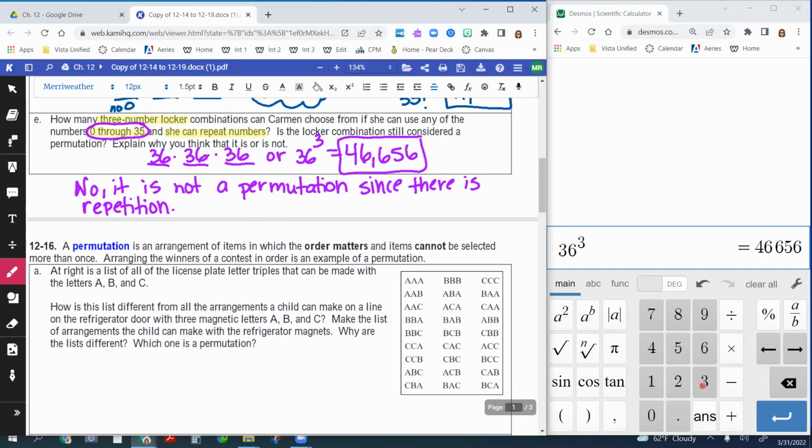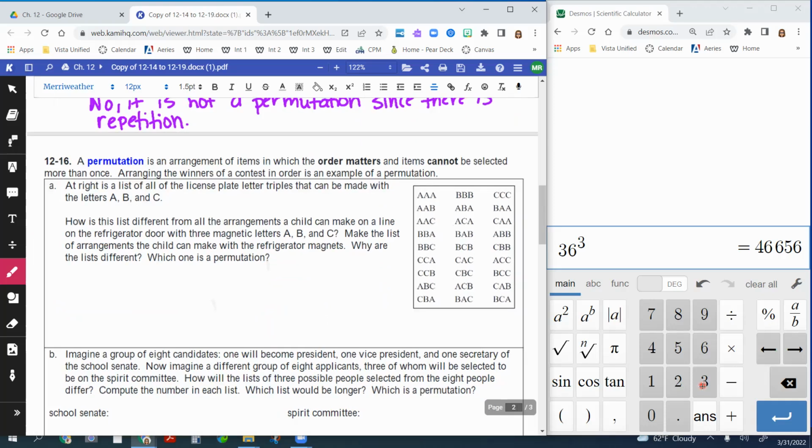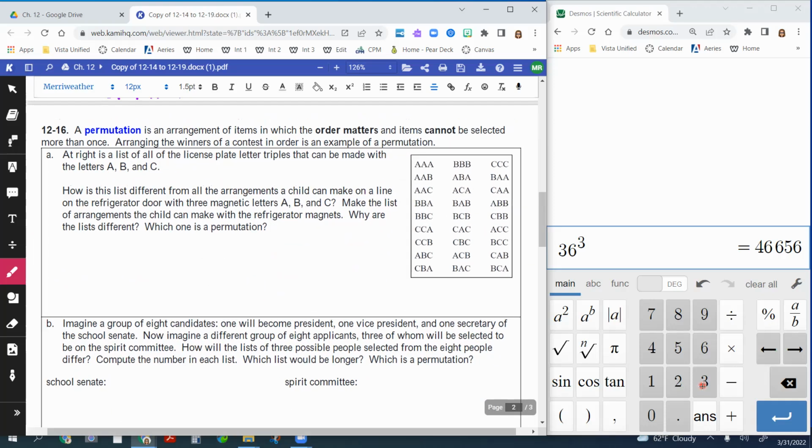Okay. On 12-16, a permutation is an arrangement of items in which the order matters. So here are some key facts about this. Okay, a permutation: order matters, and items cannot be repeated, so cannot be selected more than once.